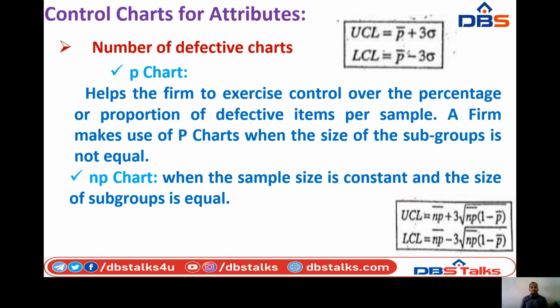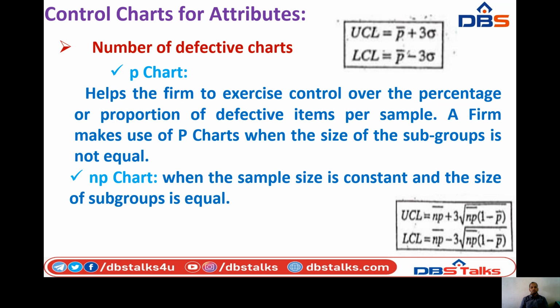So in P charts we calculate the pass percentage or fail percentage of items per sample or per batch. In a batch, we calculate what percentage of items have failed or passed.